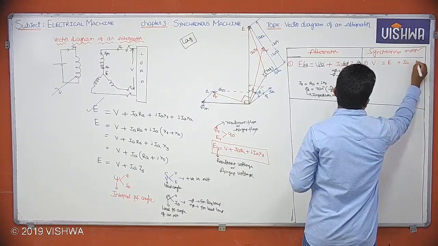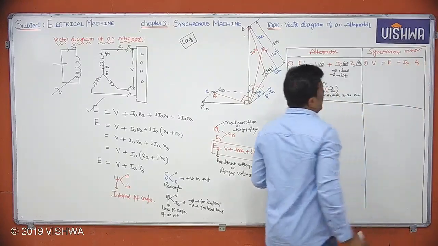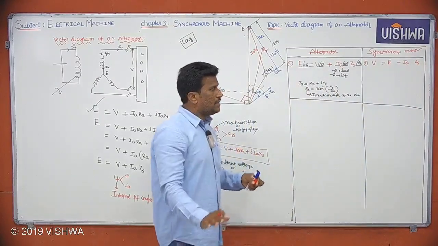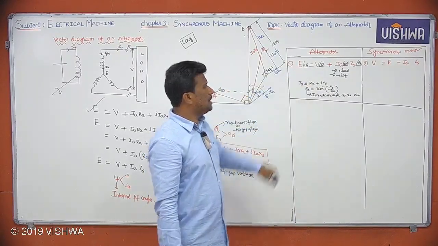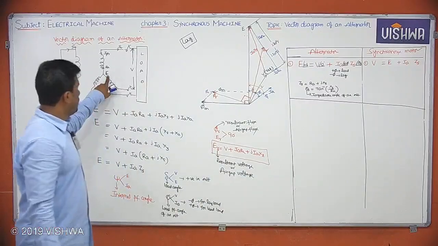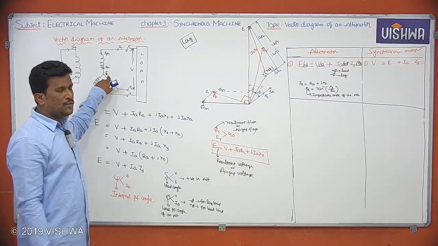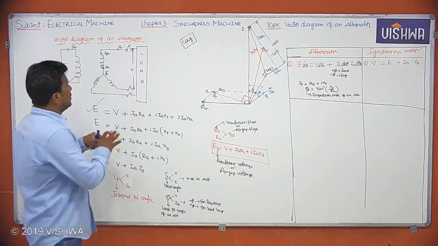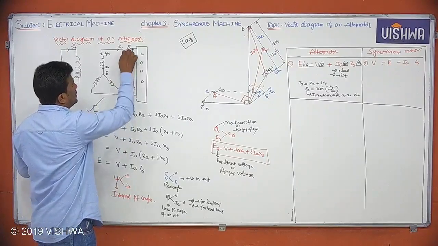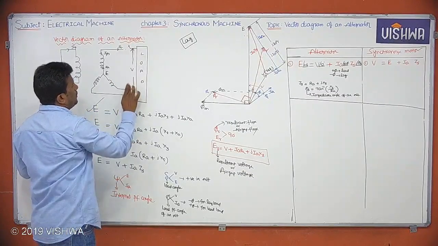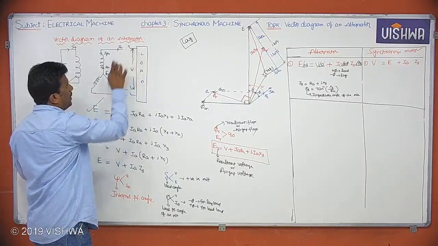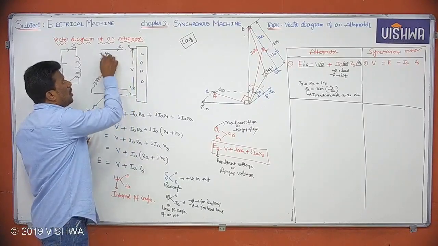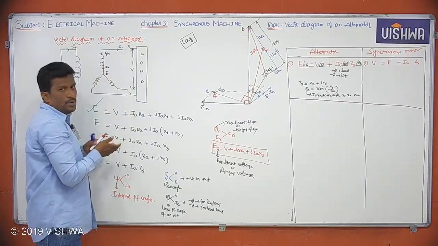See, nomenclature anyway I'll give at last, but just listen. Here E means, what is the name for this E? Generated EMF. Can you please tell me what is the other name for E? Suppose the load is not there, the switch is open, there is no current, no drop.